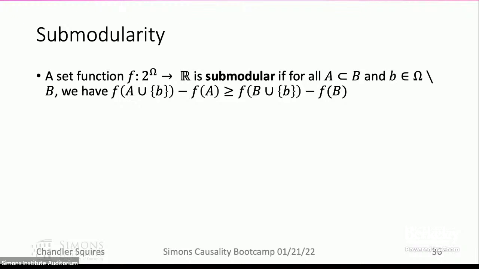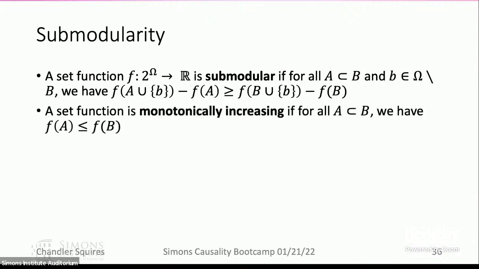This shows up in a bunch of settings, and it's a general way that you can think of many information theoretic quantities working. If I have an amount of information A that's less than the amount of information B, whatever function I'm using to measure how much information is in these sets, adding to the smaller set is going to end up giving me more information than adding to the bigger set.